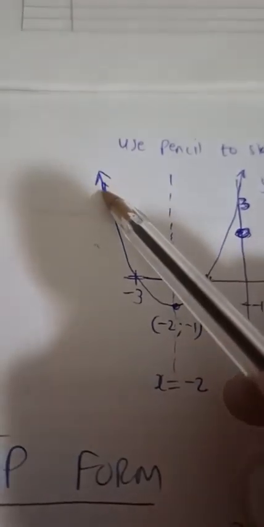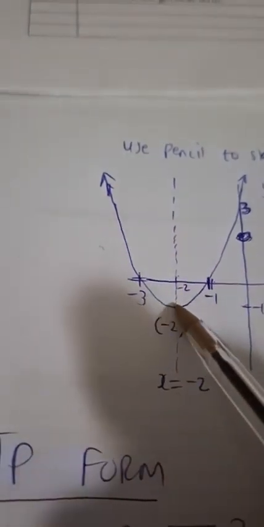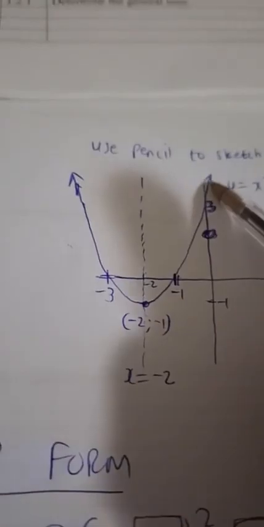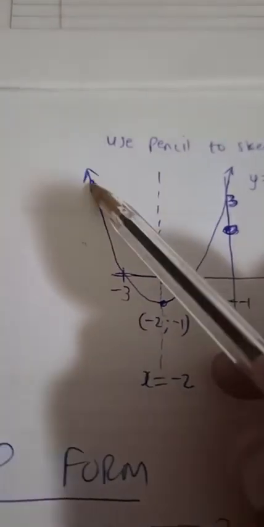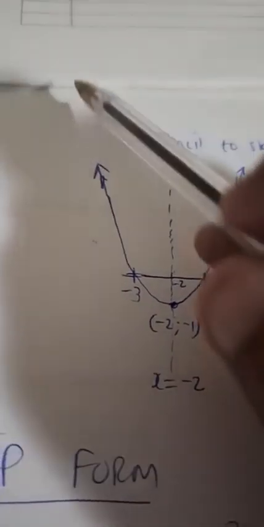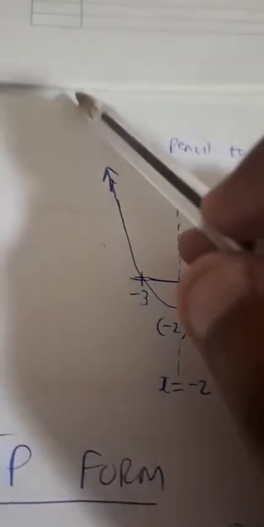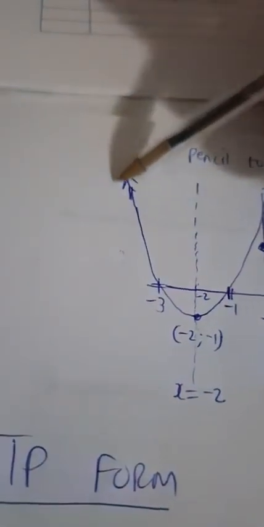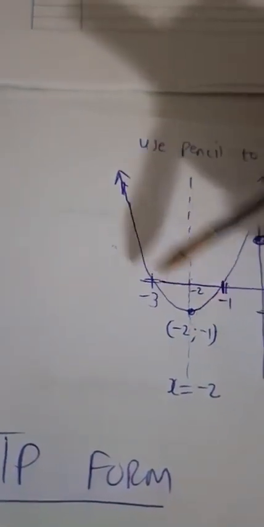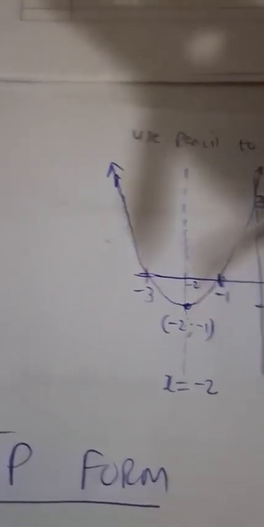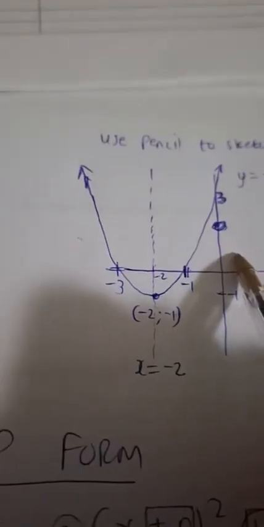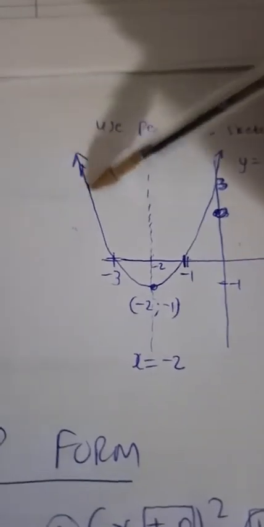So this is the function. You can see it decreases, decreases, decreases, turns, increases, increases. These arrows show that it is decreasing infinitely. On this side of the axis of symmetry, there's infinite decreasing from left to right.